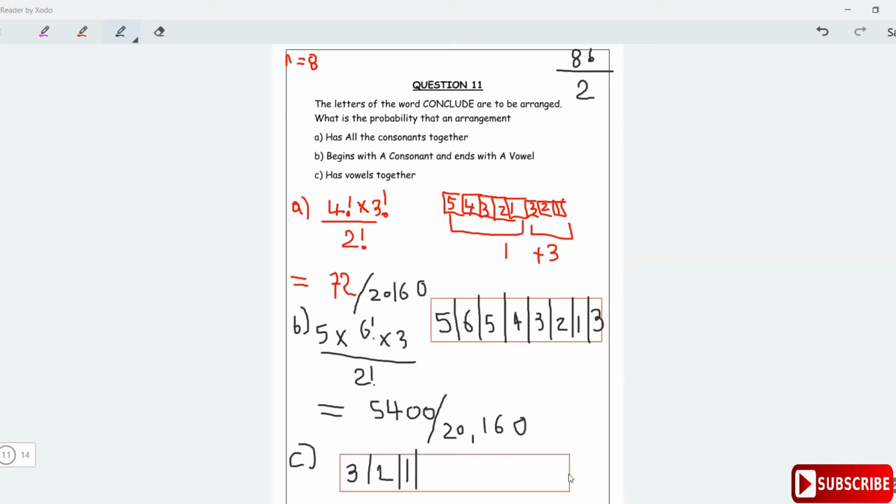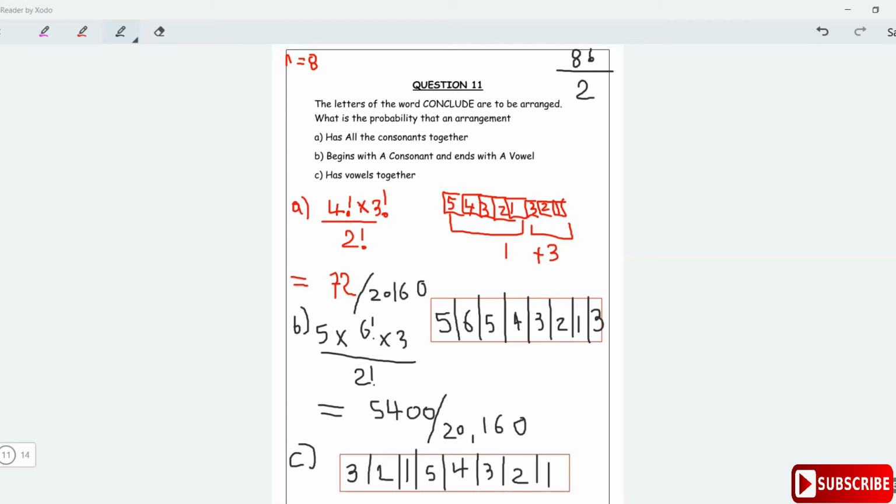Then you have the consonants there. This is 5, then any one of the rest of the consonants: 4, 3, 2, and 1.